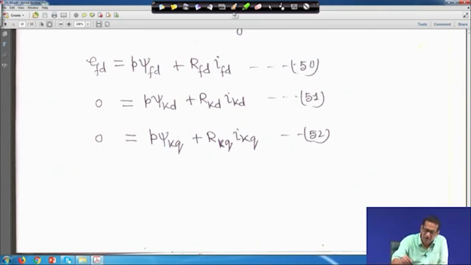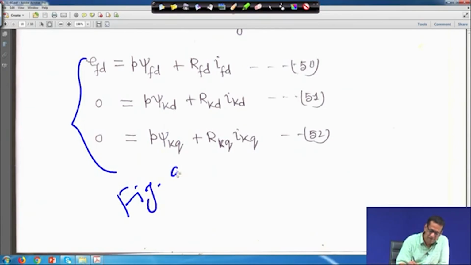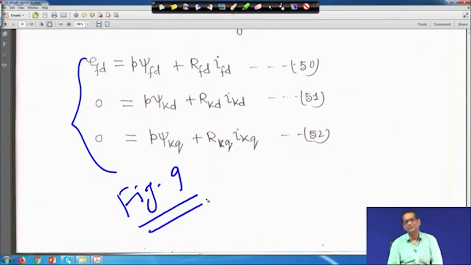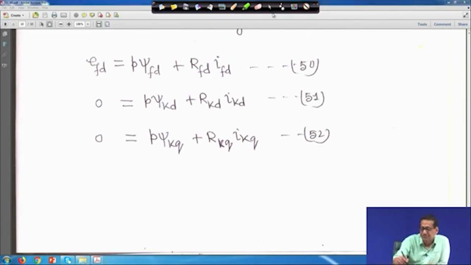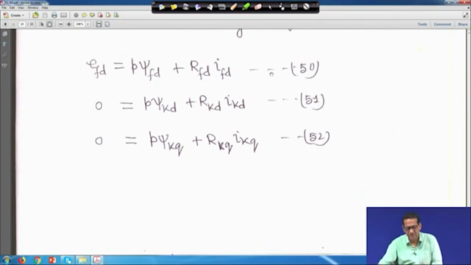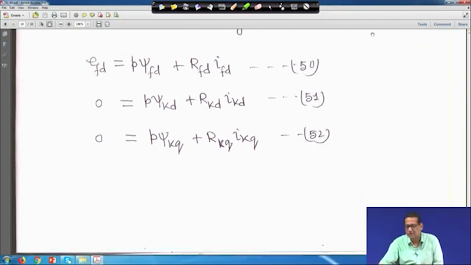All these things, please refer to figure 9, right. This is a simple equation, and this is the rotor circuit equation.